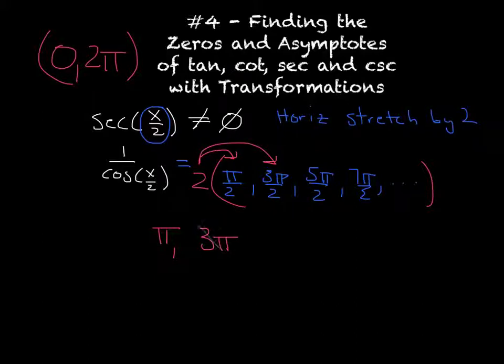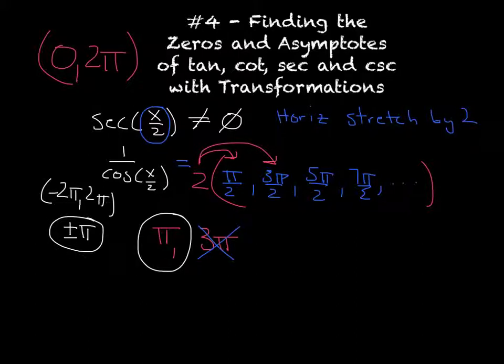So therefore, look at that. Only one solution, pi. Now, just to let you know, sometimes we'll change it up and we'll say all solutions from negative 2 pi to 2 pi. In that case, you would just have to put a plus or minus on your answer, and then you're done.